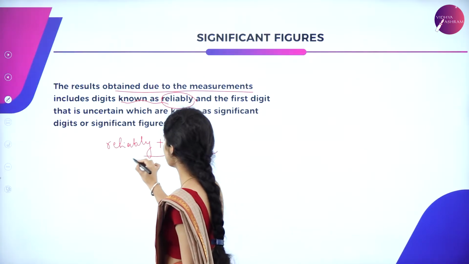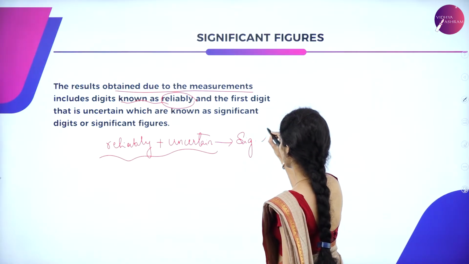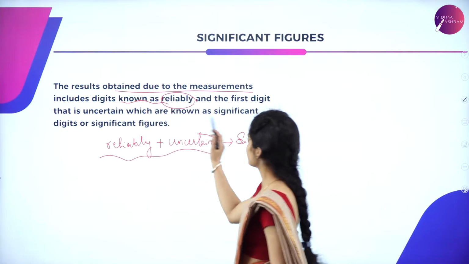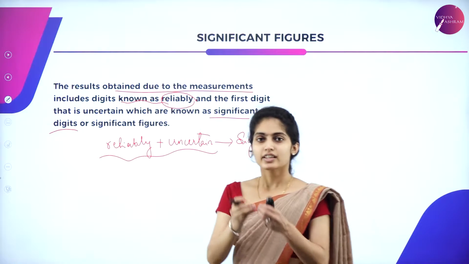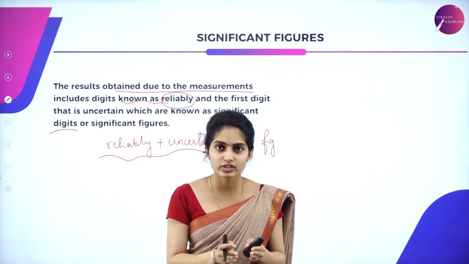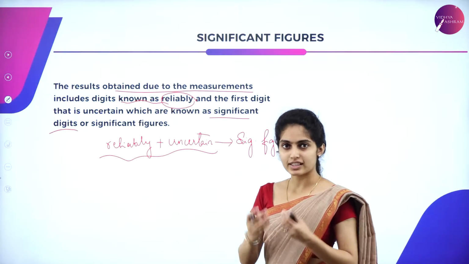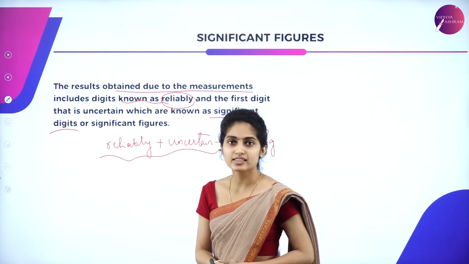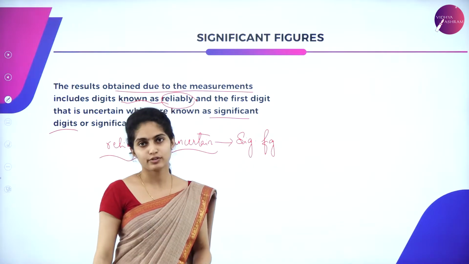These together it is known as significant figures or significant digits. So the result is given as an approximation, and that approximation is based on significant figures. There are reliable digits as well as uncertain digits. Together it gives you the significant figures.